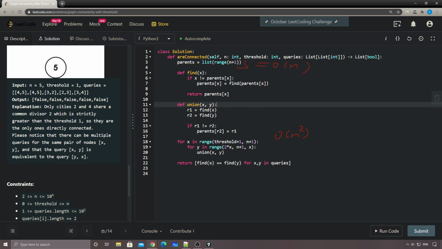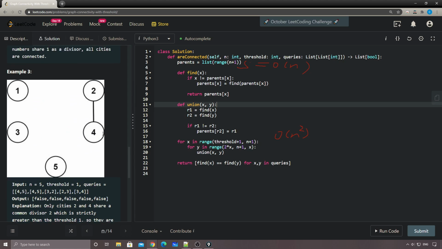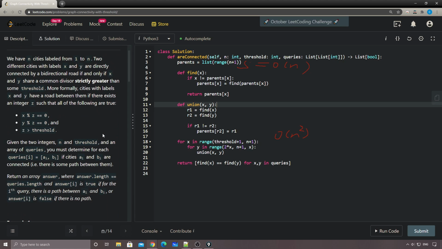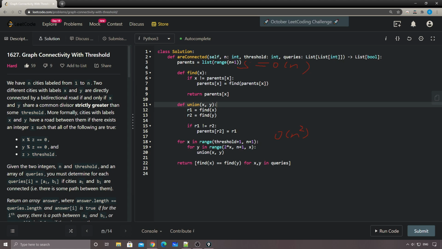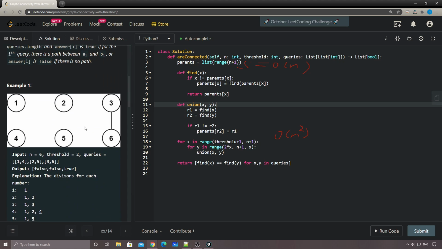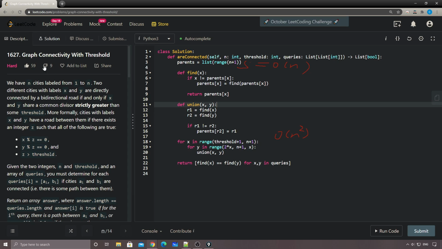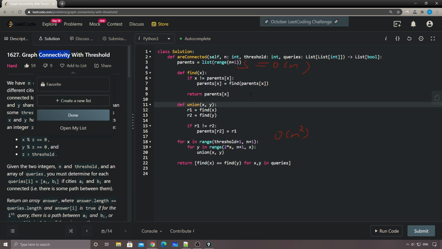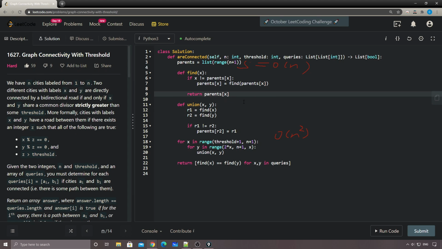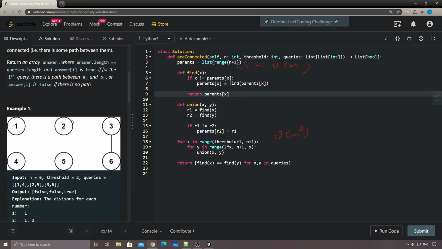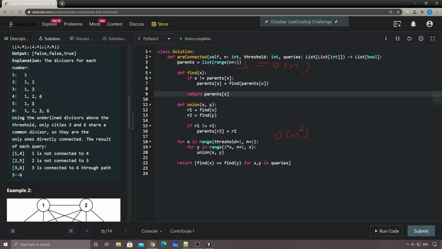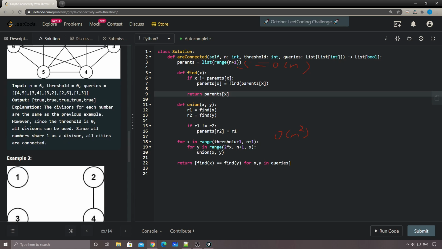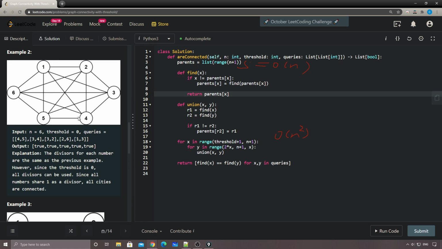I think that's it for this problem. Just to recap a bit: first, we see this is a graph problem, and it asks you to check some connectivity for this graph. So the first thing we should consider is the union find. So we have to somehow build a graph to union those numbers together.